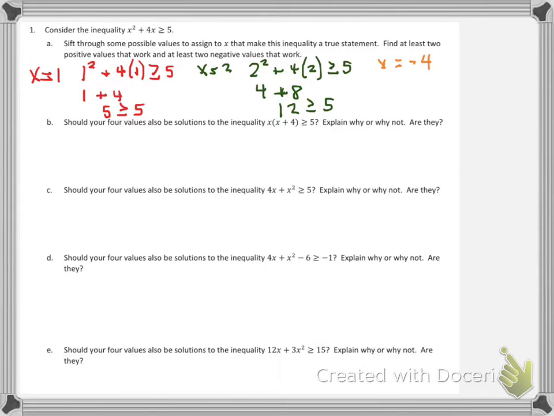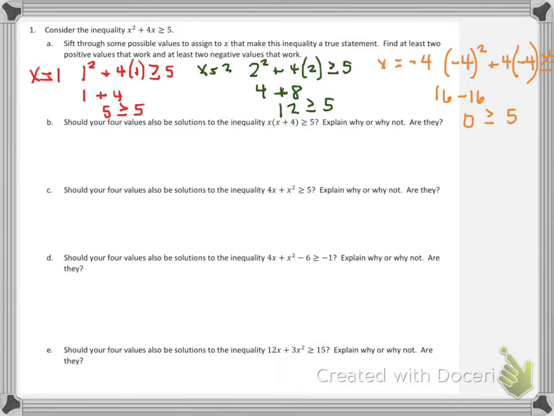And if we plug that in, we get negative 4 squared plus 4 times negative 4, and that's greater than or equal to 5. So let's see what we get. Negative 4 times negative 4 is 16. And then a positive 4 times a negative 4 is a negative 16. And that gives me 0 is greater than or equal to 5. And we got closer, but still not true.